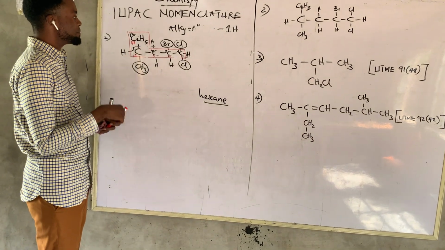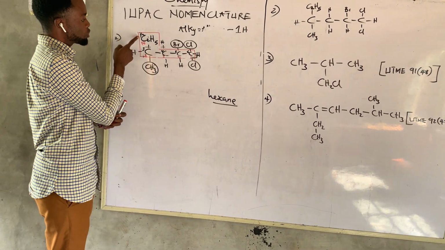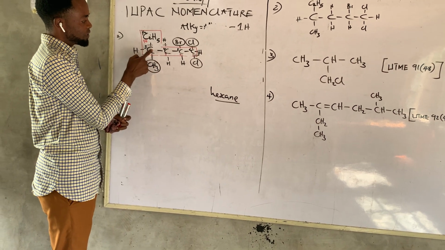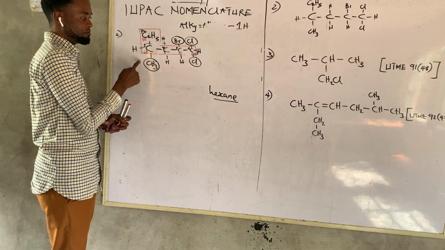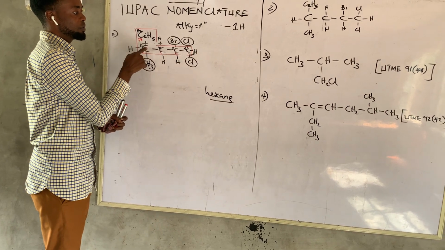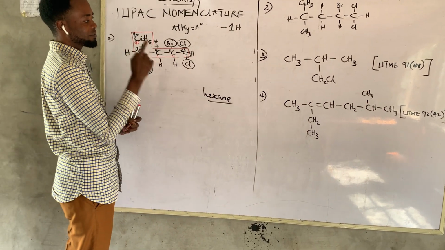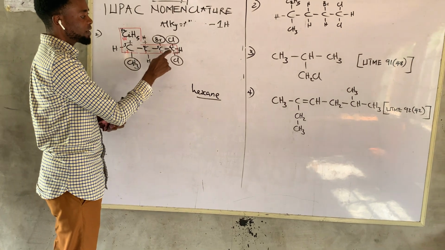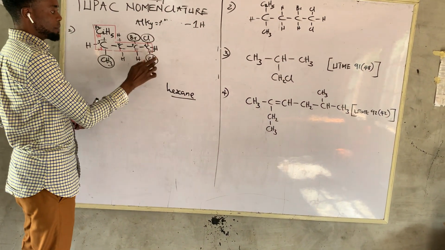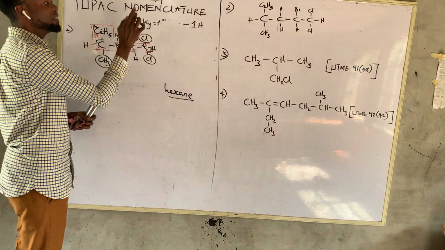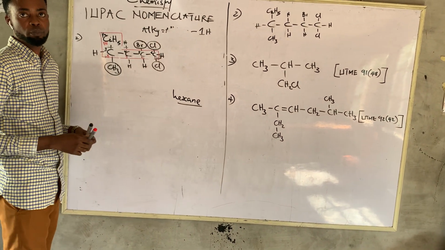Now, if you check the black numbering, 1, 2, the first branching is on carbon 3. This is carbon 3, the first branching. But if I number with red ink, already on carbon 1, I have 2 branches. So I'm going to be going with the red ink for my numbering.